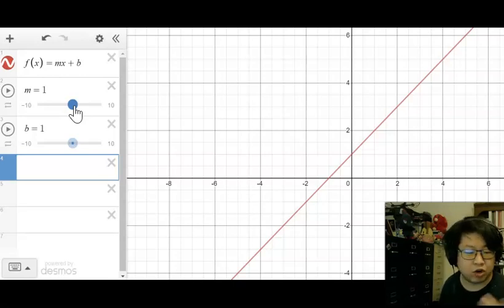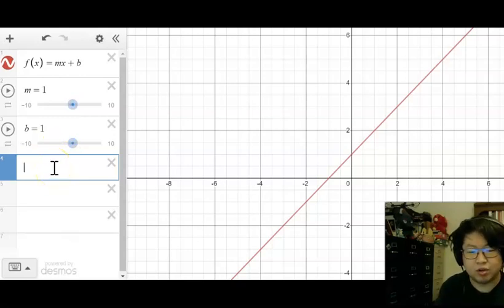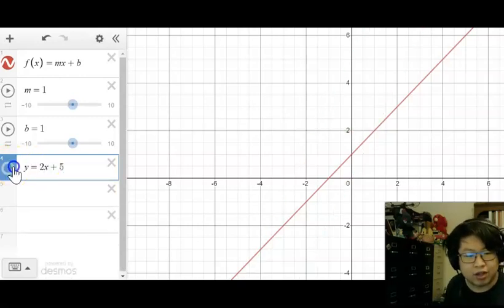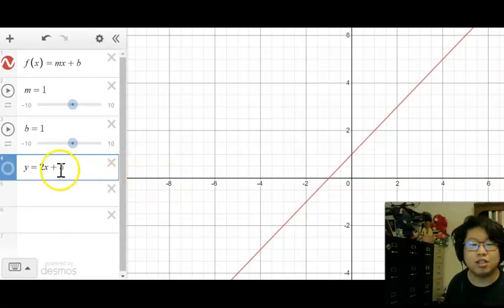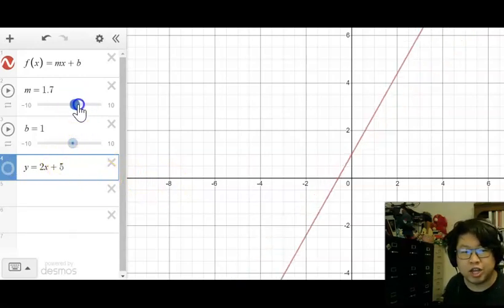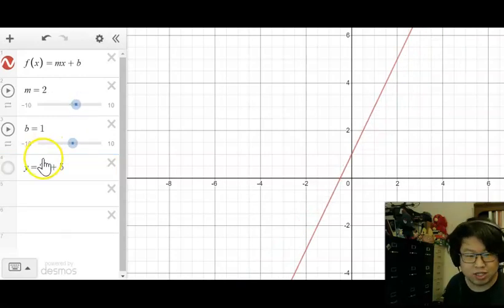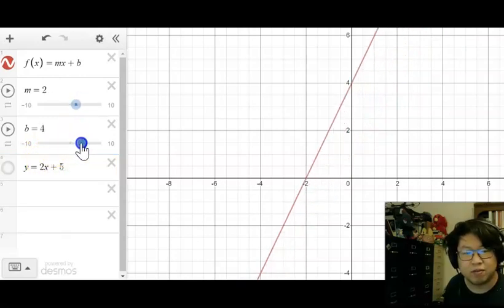So let's say in your IP that you run across the equation y equals 2x plus 5. I'm going to turn that off for a sec. Let's say you run into that. Well, you can always mess with the slider to change m to be 2. That is what it is down there, and b to be 5.